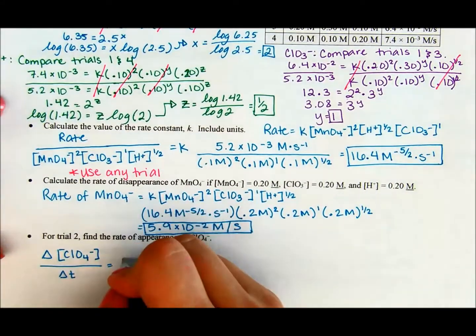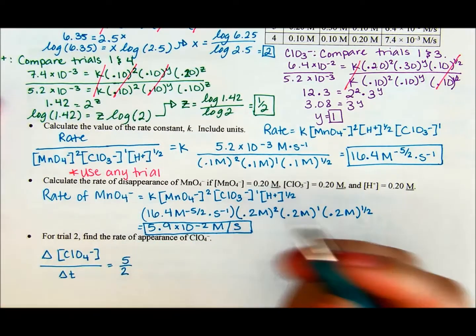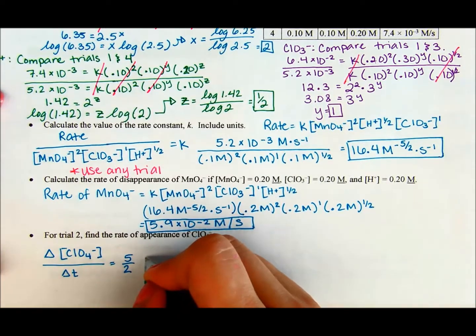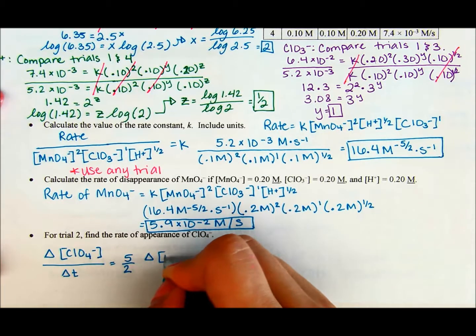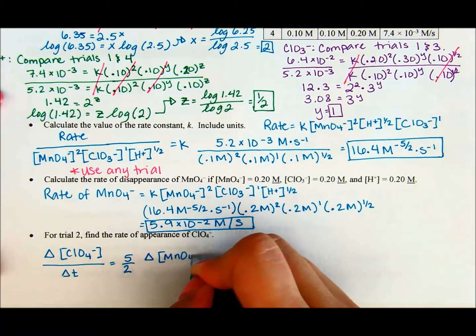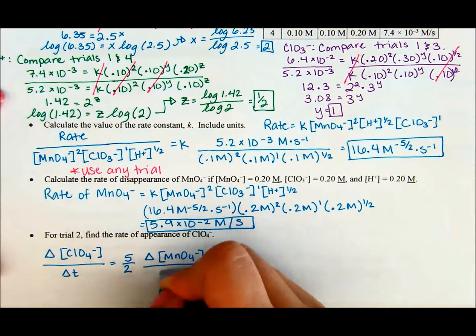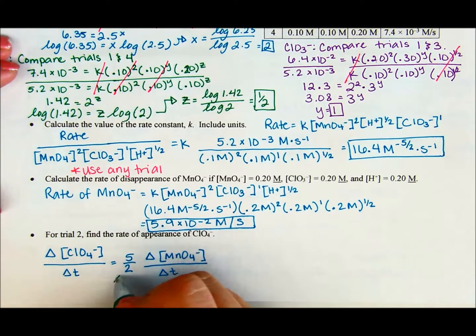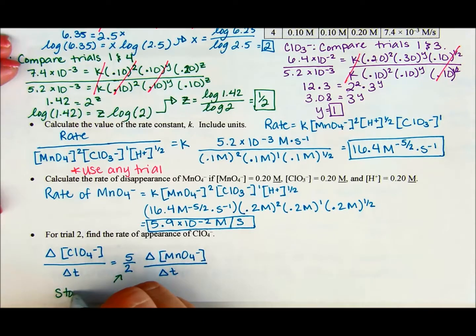So I'm going to take that 5/2 as our stoichiometric coefficient and multiply that times the change in MnO4 minus over the change in time. Okay, so where did we get this again? This 5/2, this is our stoichiometric coefficient.